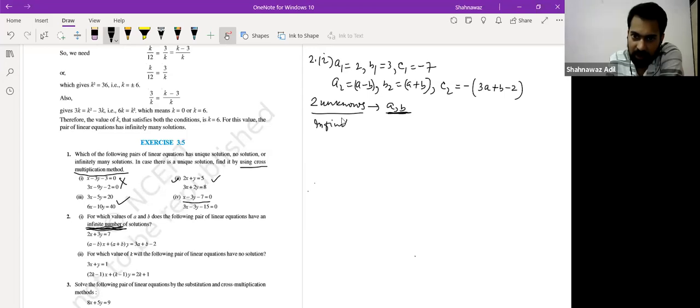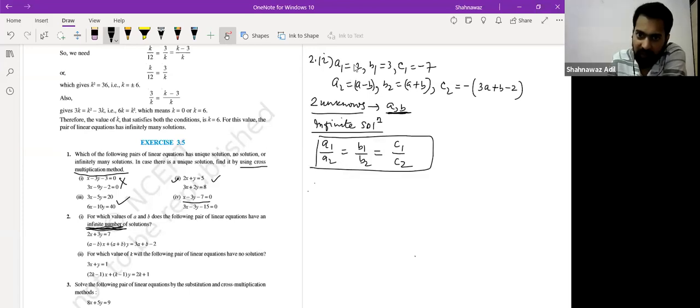And what information do we have? Infinitely many solutions. So for infinite solutions, what do we know? All the ratios are equal: a1 by a2 equals b1 by b2 equals c1 by c2. So we can write this in this form.